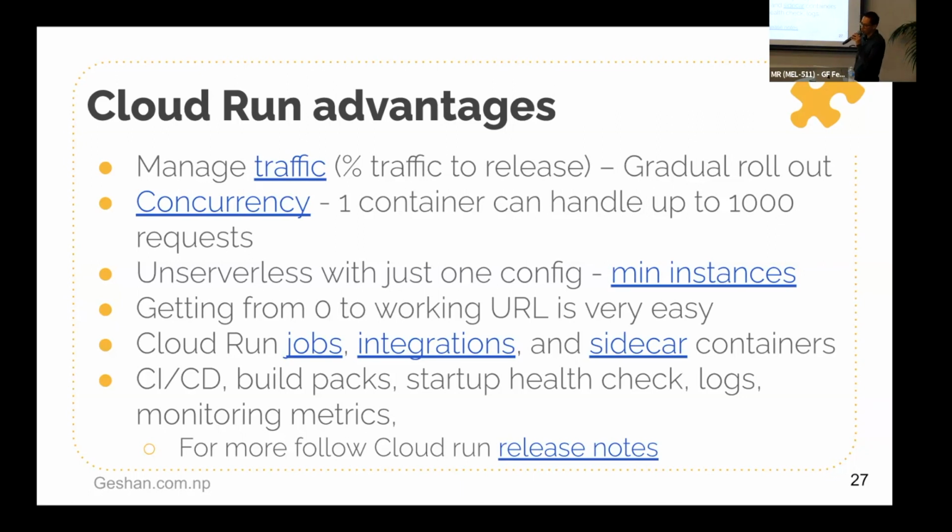The other thing they have added recently, or probably it's still in beta, is the use of sidecars. How many of you know the idea of sidecars in containers? Basically, you have your main container. In Kubernetes, the collection of containers is known as a pod, and the service sends traffic to the pods, right?